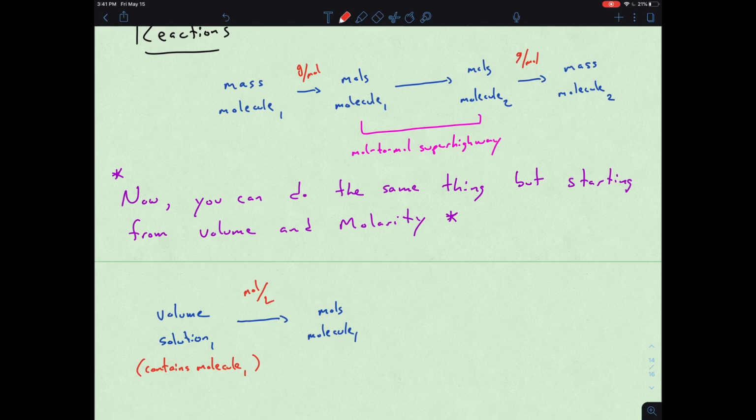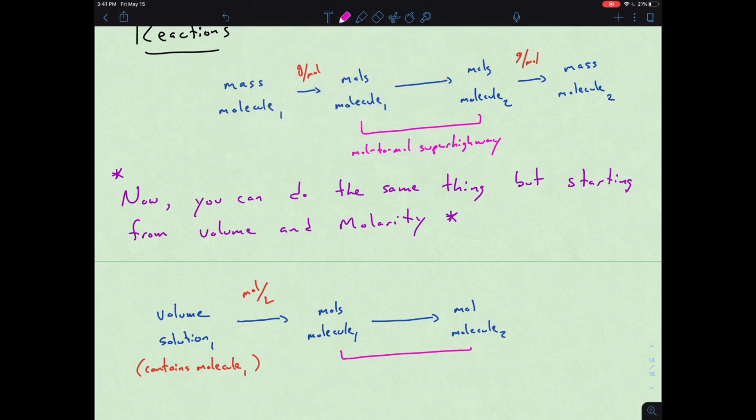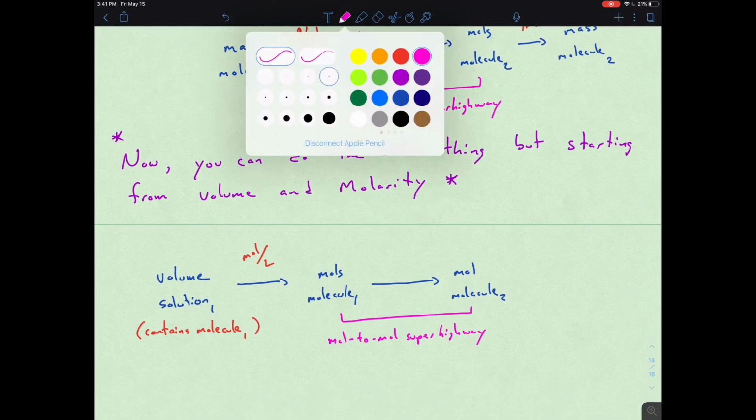Moles per liter. And then we can still use our mole-to-mole superhighway, and now we can do a couple different things here.